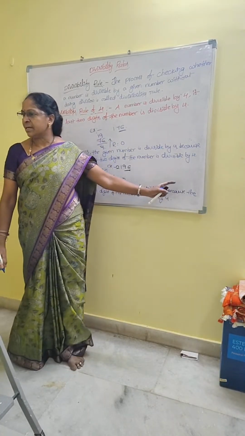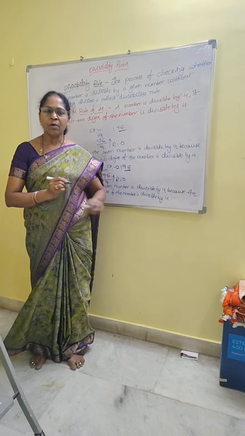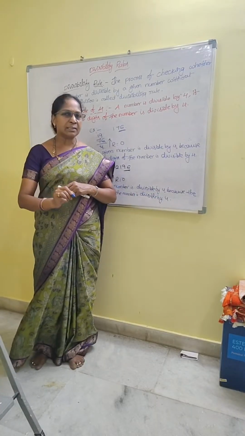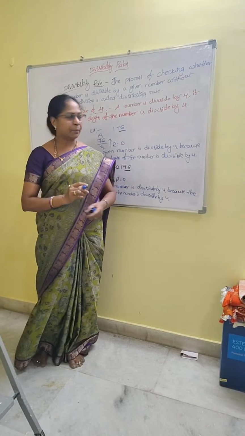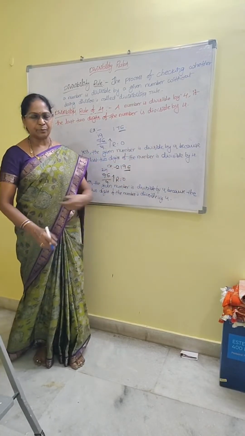Yes, you can say that this number is divisible by 4. Why? Because the last 2 digits of the number are divisible by 4. This is the divisibility rule of 4.